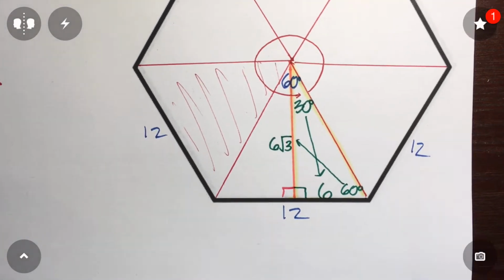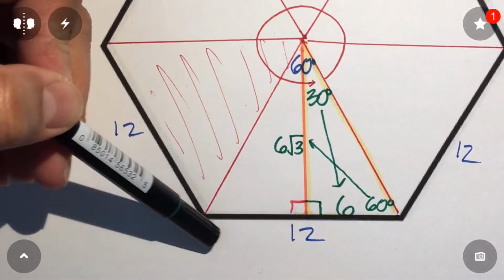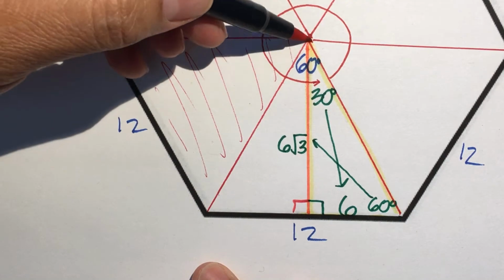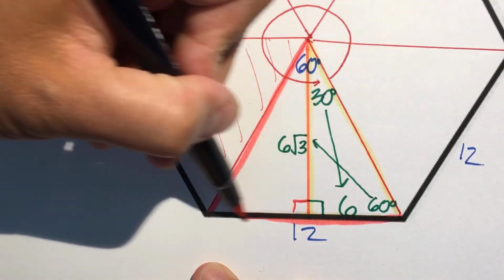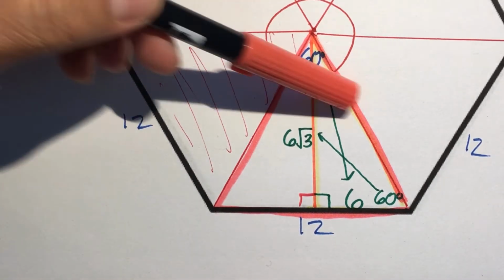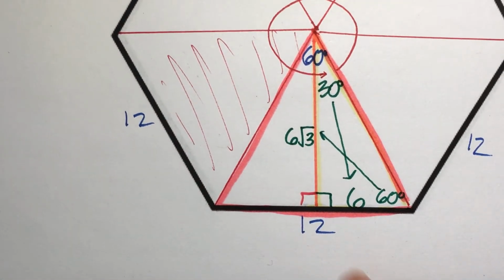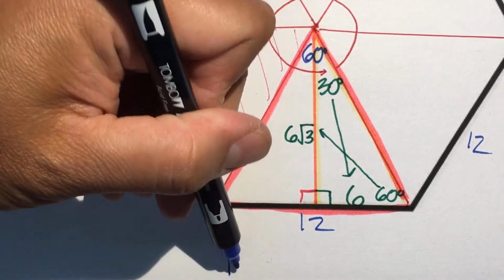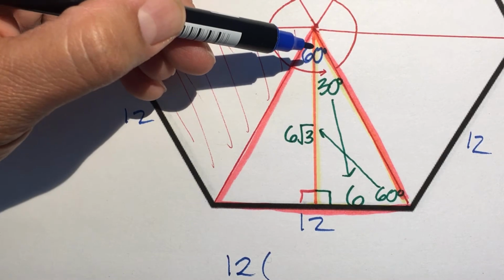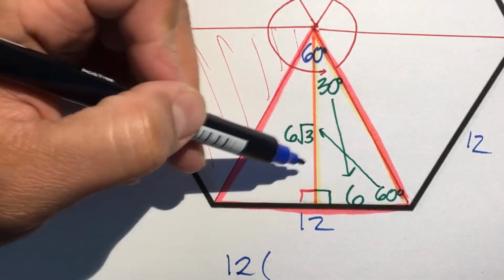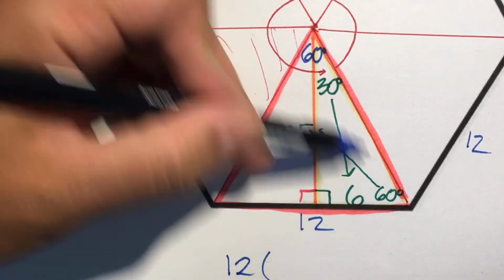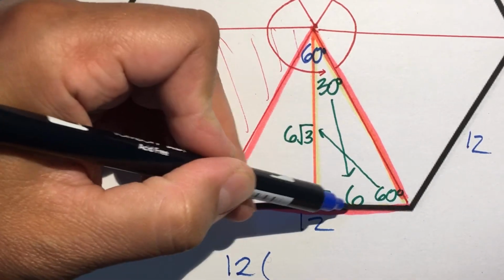All right, now let's zoom out and focus on this big triangle. Now we have everything we need to find the area of this big triangle. We have our base, which is 12. We have our height, because we split this triangle in half in order to get the length of the short side, because we have a 30, 60, 90 triangle. Short side is 6.